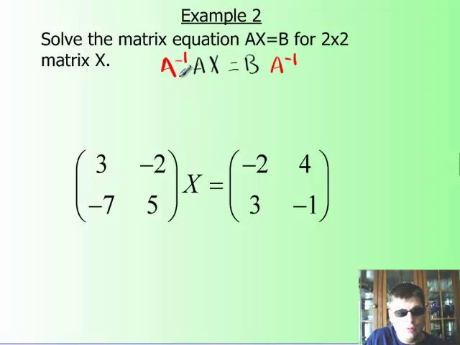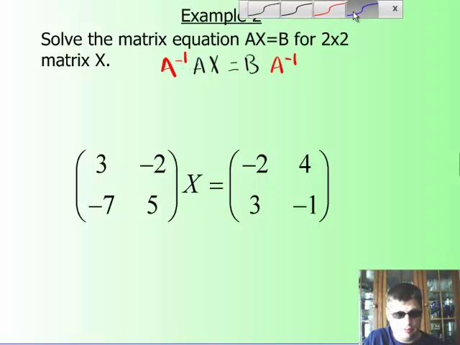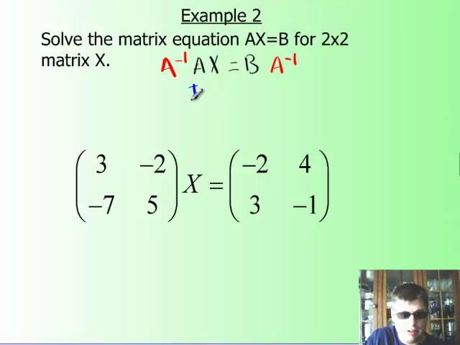Well, matrix A and the inverse of A, as we just learned, gives us the identity matrix, I. So we'd be left with the identity matrix times the variable matrix X, and then B, and then times, well, actually, I made a mistake here. You have to be careful about how you multiply your matrices together, because it's not commutative.